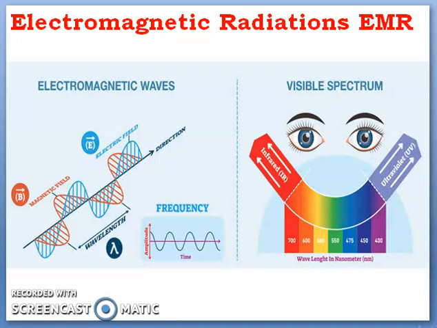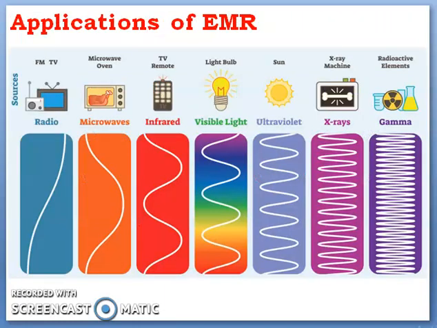Let us see what the different types of radiations are. These electromagnetic radiations are not new to us. We are all aware of FM radio or television, where radio frequency radiation is used. Microwave oven, where microwaves are used.